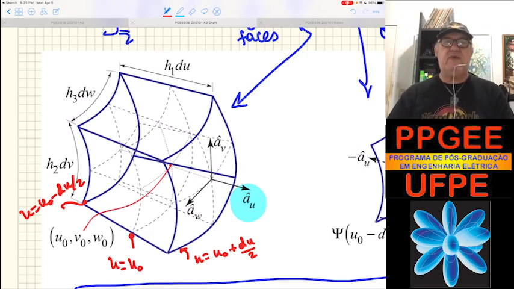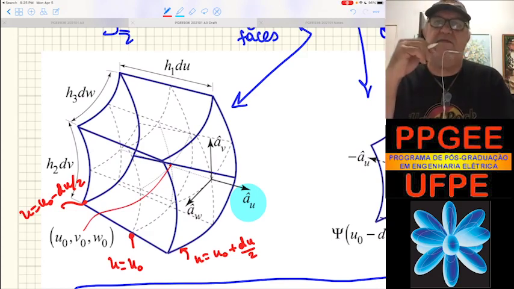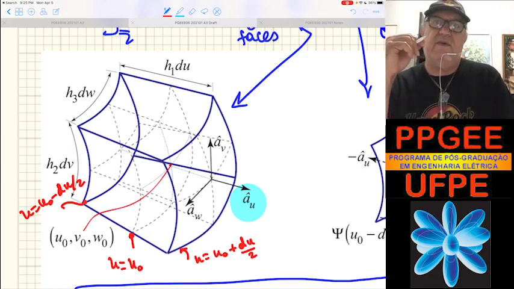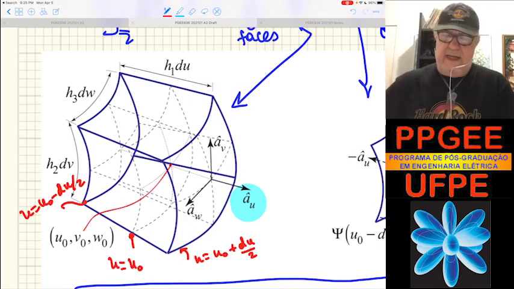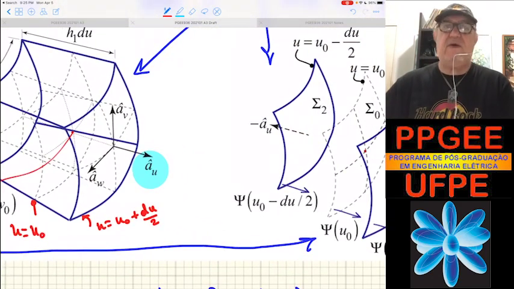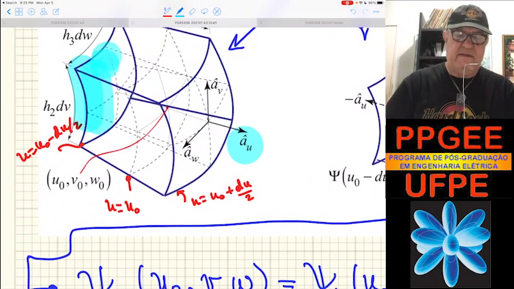What we want to do is to calculate the flux outward of the volume that is limited by this curvilinear parallelepiped, or this cube. So we have to calculate the integral on this surface here, then on the back surface.